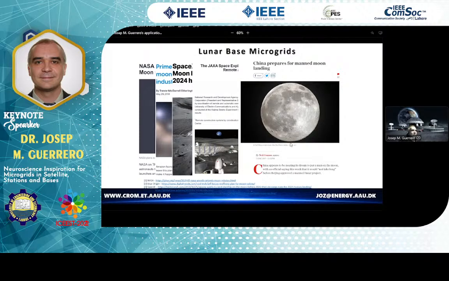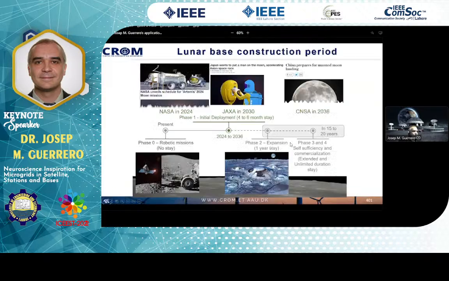JAXA with the Japanese, a lot of research, especially with hydrogen, and China as well. So where are we now? We are at the place in which NASA is planning to have this Artemis mission. The moon may be delayed till 2025.